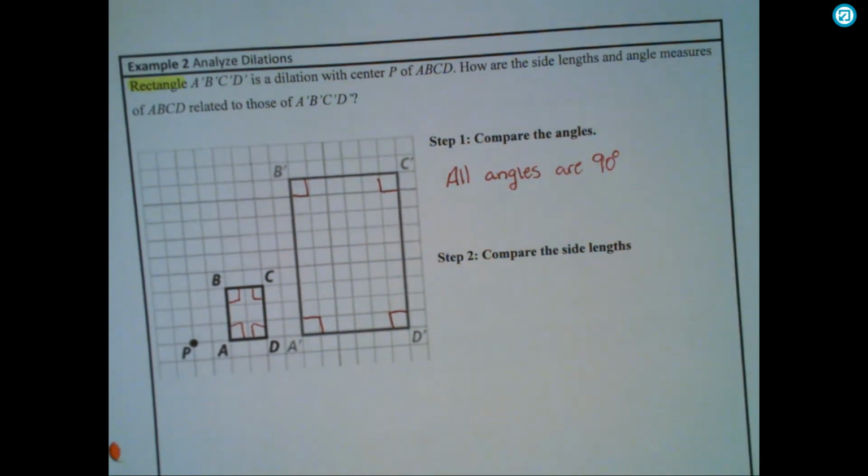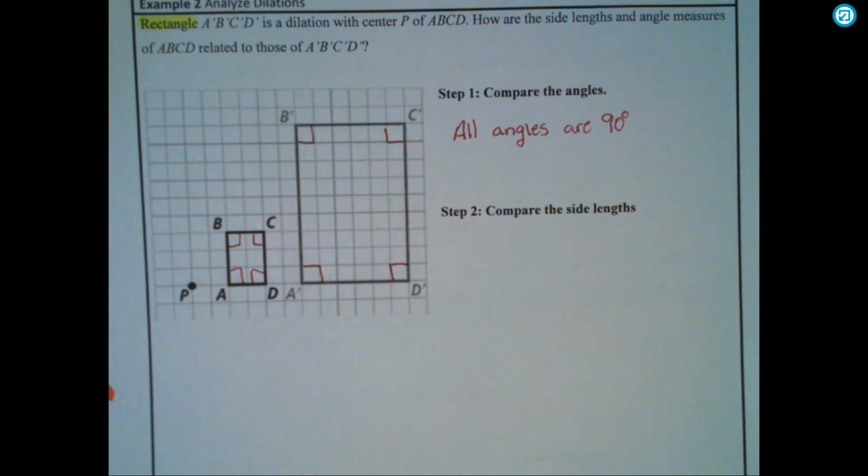And you will find it doesn't matter what object we're dealing with, when we dilate something, the angles in the object are not going to change. So if I start off with 90-degree angles, we're going to have 90-degree angles in the image. If for a certain object it has a 60-degree angle, when we dilate it, it's still going to have a 60-degree angle at that location. So regardless of what we do dilation-wise, you are going to have the same angles in the new image.